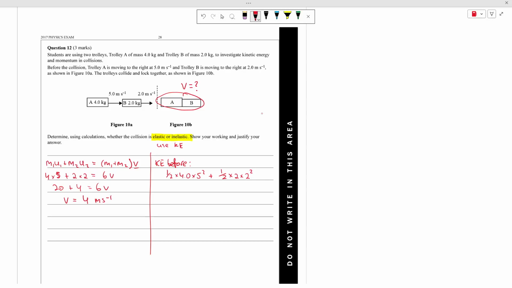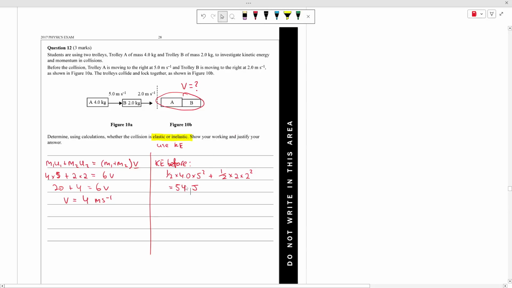You can just chuck that on a calculator, but I'll do it in my head. 2 times 25 is 50, plus 4, so 54 joules.